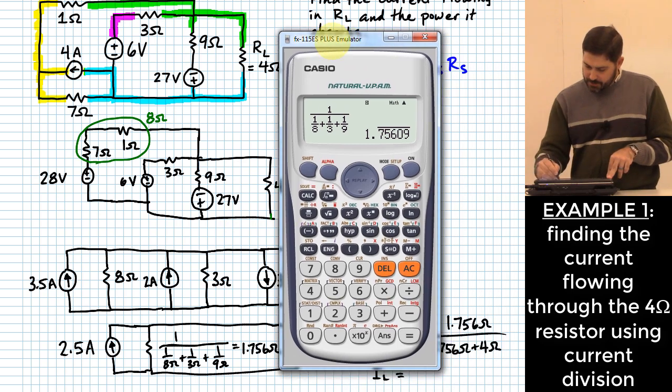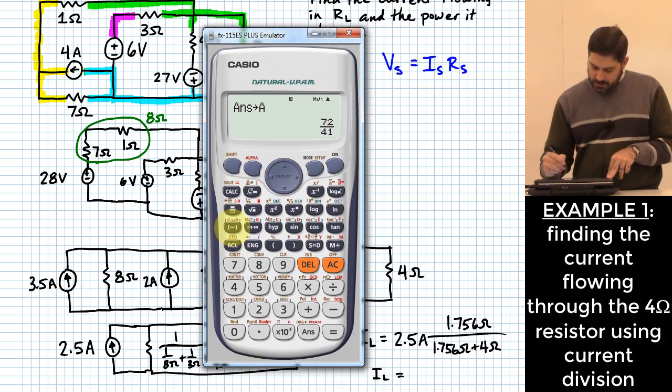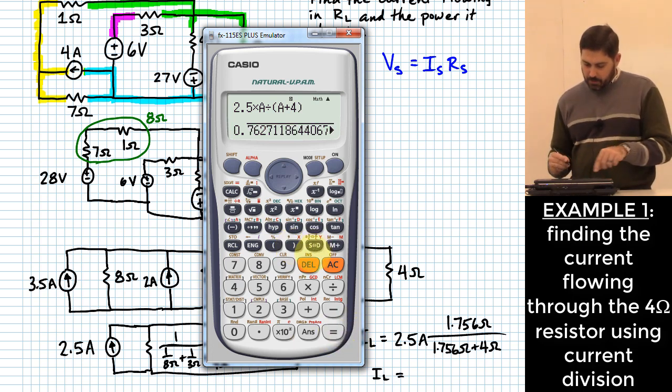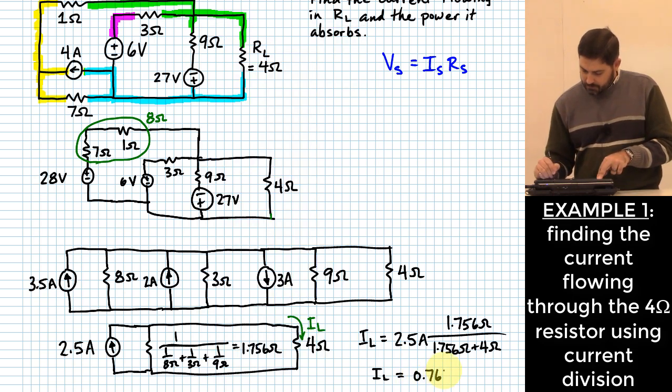Let's see. I'm going to store this into A, and then I'll do 2.5 times A over A plus 4. That'll be 0.7627 amps.